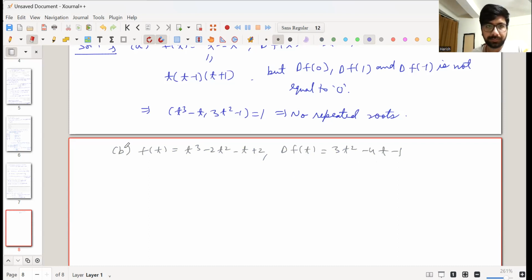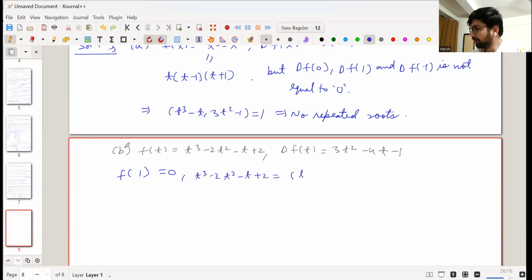So see, f of 1 is equal to 0. 1 minus 2 minus 1 plus 2. This implies t minus 1 is a factor. So t cube minus 2t square minus t plus 2, when you divide it by t minus 1, you will get t square minus t minus 2. Okay.